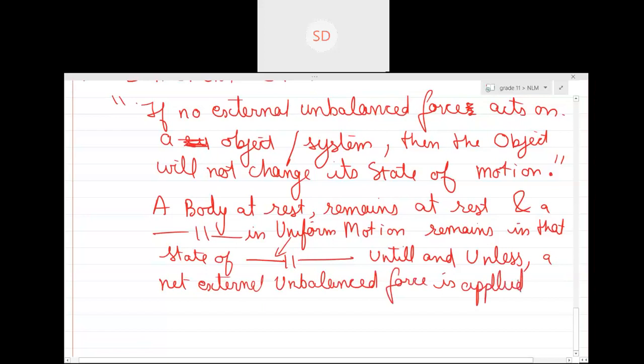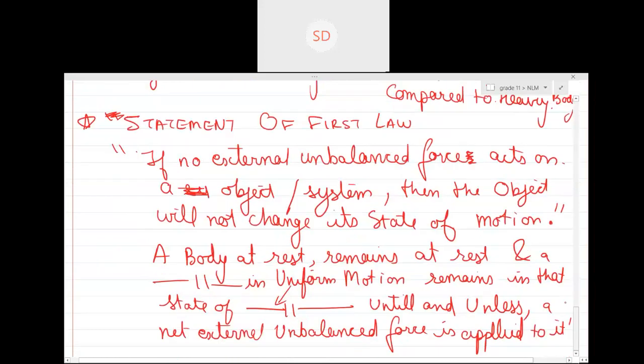So basically, this is your statement of the first law of motion. You can use this statement or that statement, it doesn't matter. Is this clear, the first law, guys?